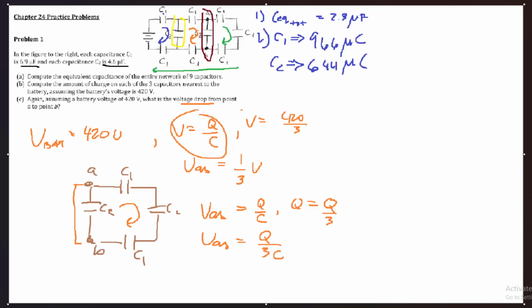But since we're already given this, we know that Q over C is equal to 420 over 3 volts.